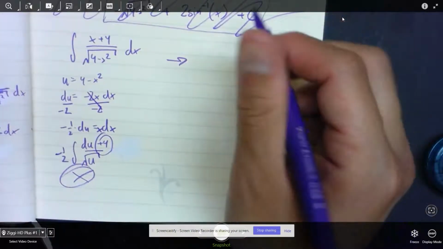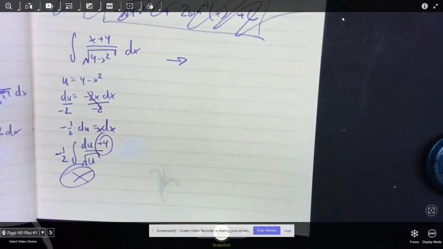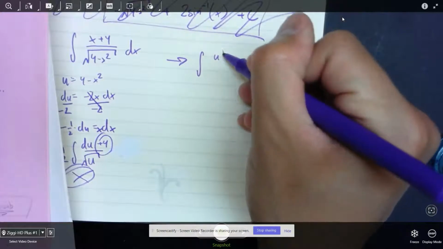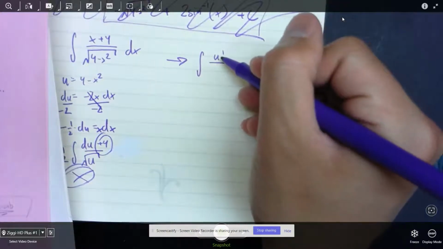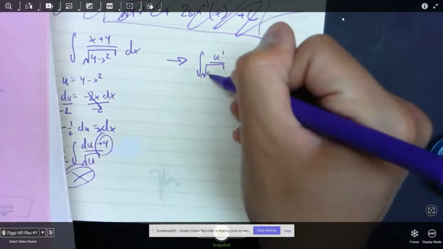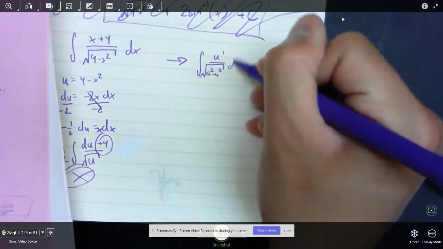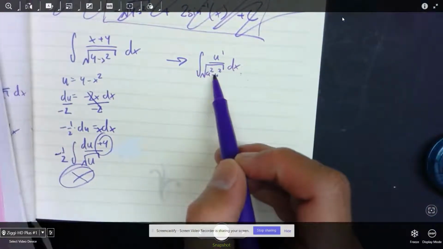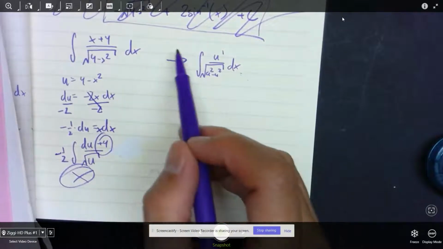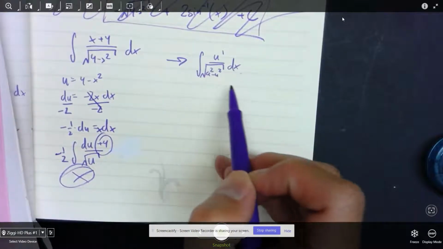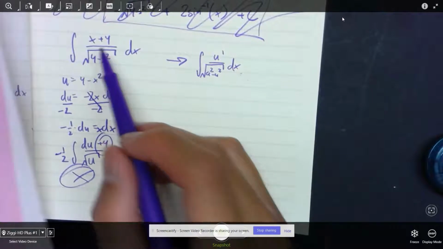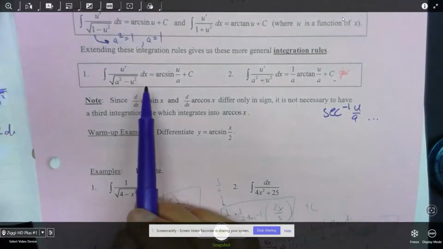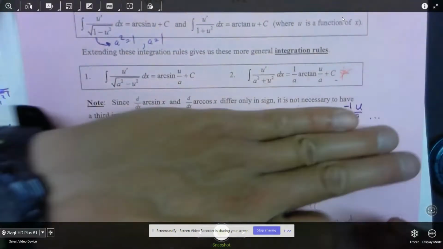So if you grab your cheat sheet, we know that if you have a statement that looks like this, where we have a u prime, or du basically, at the top, and then you'd have a square root of a squared minus u squared with respect to dx, which I just picked this inverse trigonometric solution because out of the 3 different ones on your cheat sheet, this looks most like it. Here's a cheat sheet you could have had, or it's not the cheat sheet you have, but here are two different inverse trigonometric solutions.